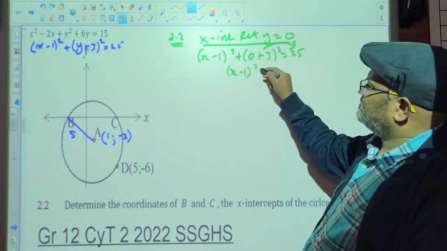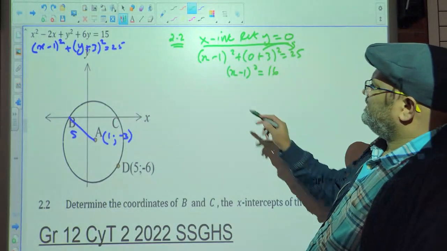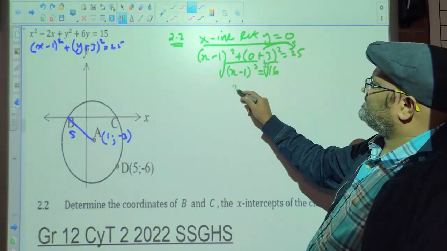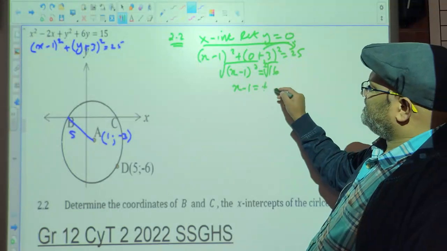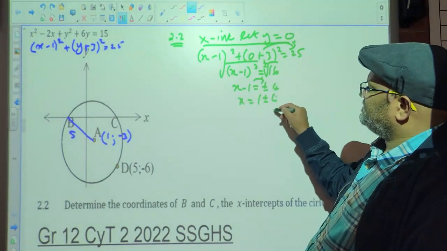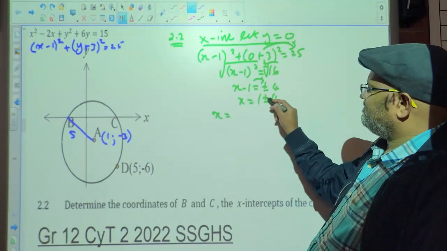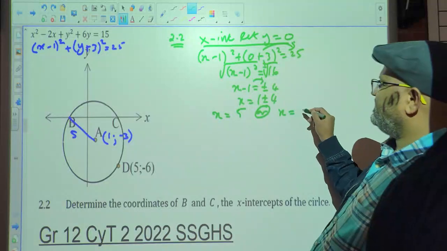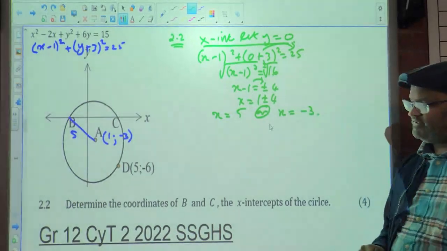So x minus 1 squared is equal to 16. To get rid of the square, I square root, and I introduce plus and minus. So x minus 1 is plus minus 4. Then x equal to 1 plus minus 4. So x equal to 1 plus 4 is 5, or x equal to 1 minus 4 is negative 3.